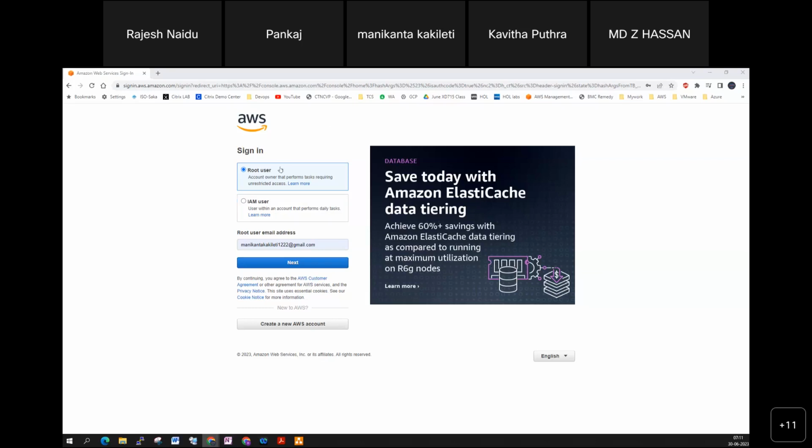I'm logging into the root user. The root user username and password will not be shared with anyone.